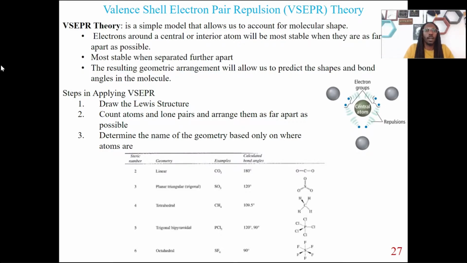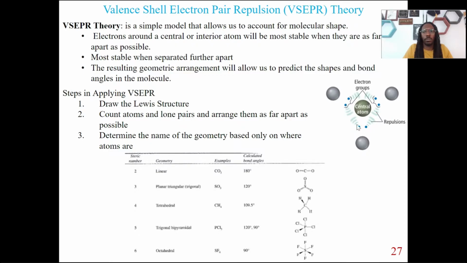A couple of different things before we dive in as far as how we're going to use this. Basically, we need to understand this little graph over here. We've got our central atom and our other atoms that we're going to be bound to. Those valence electrons are the things that are bonding between the two, and we call those electron groups.